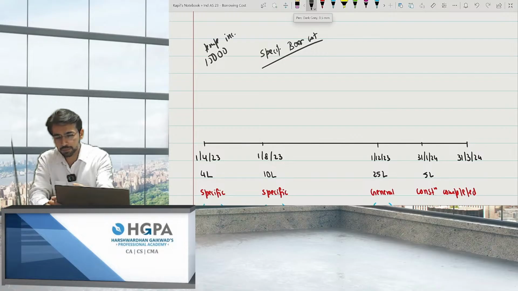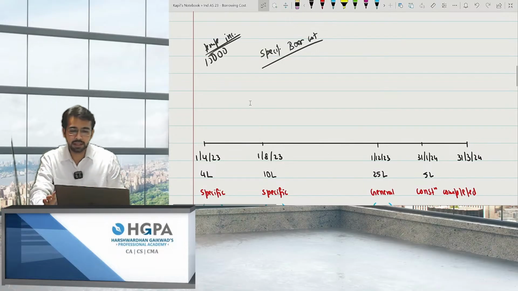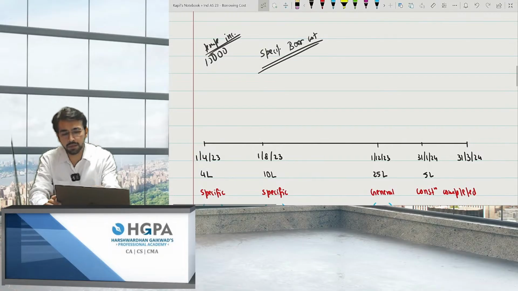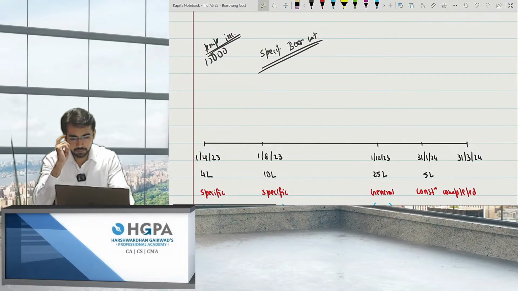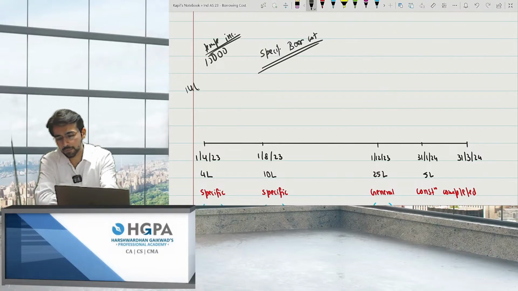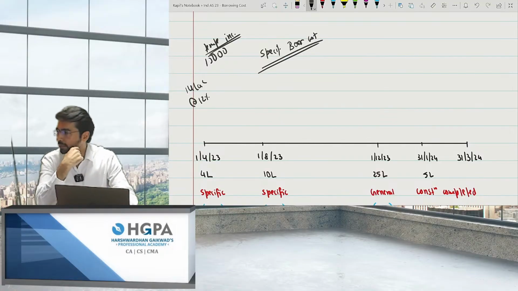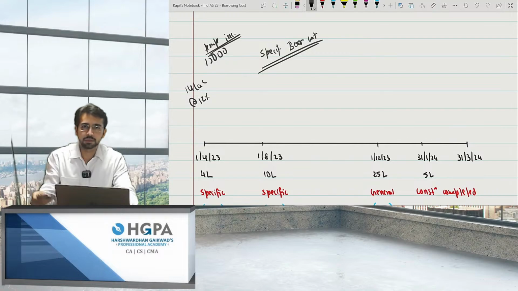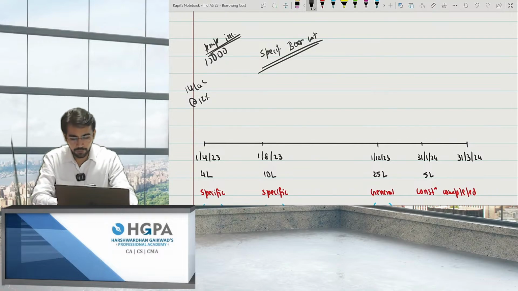Can any one of you tell me what is the specific borrowing cost? I took a loan of 14 lakh at the rate of 12%. Can any one of you tell me the answer? I'll give you a few seconds for this.